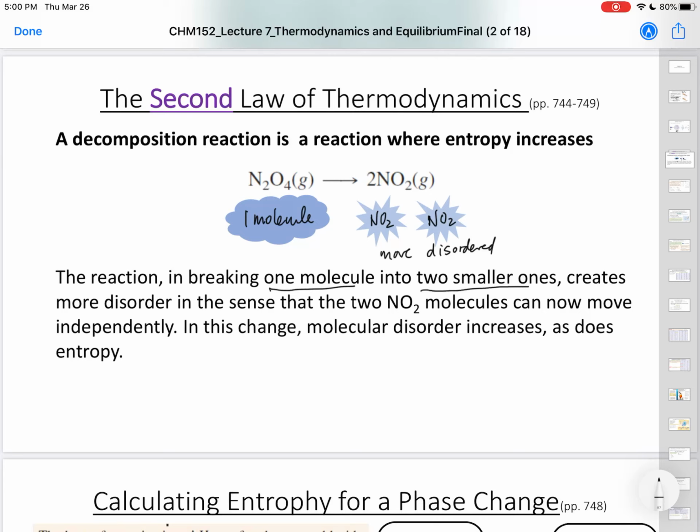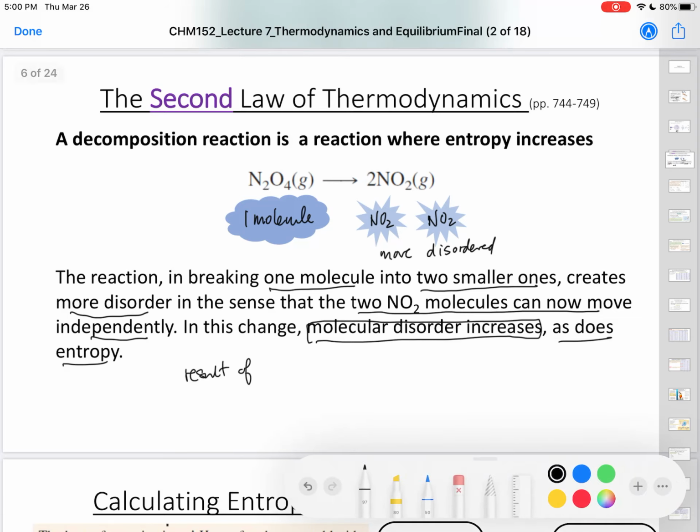Okay? So in the reaction, breaking one molecule into two smaller ones creates more disorder, in the sense that the two NO2 molecules can now move independently. In this change, the molecular disorder increases. This is important, okay? As does the entropy, okay?